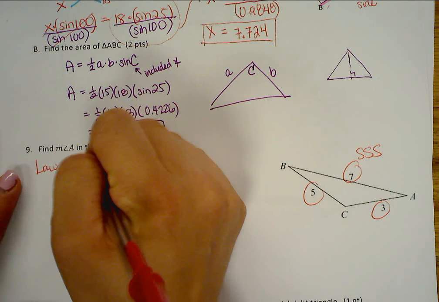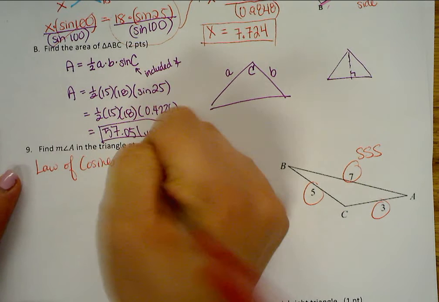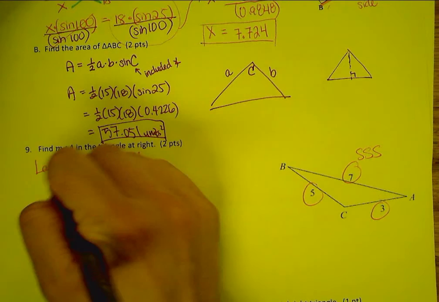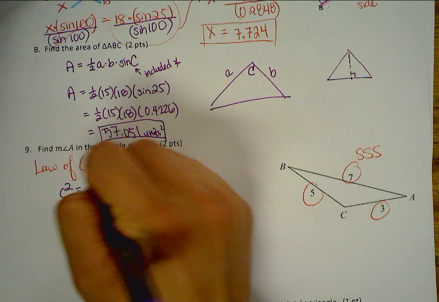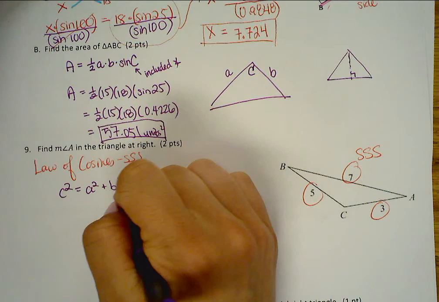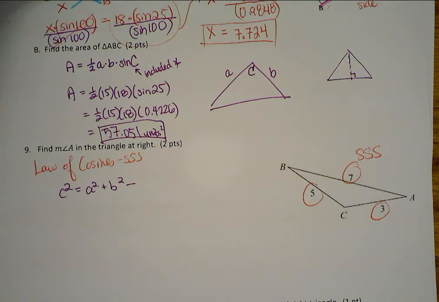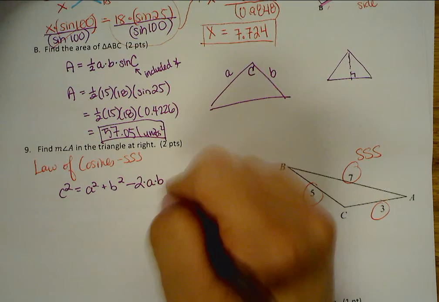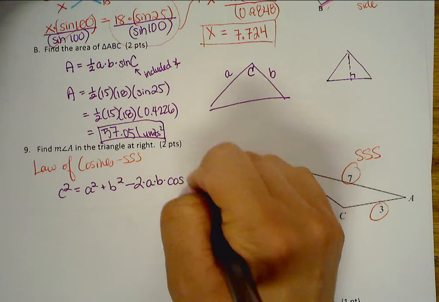Okay, now first step, you have to know the formula. What is the formula? C squared equals A squared plus B squared. So it's almost like the Pythagorean theorem, but you have to do minus, some of you guys said plus, 2 times AB times cosine of big C. Here's what's important.